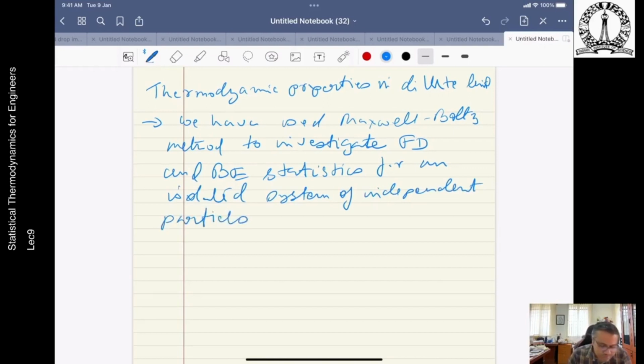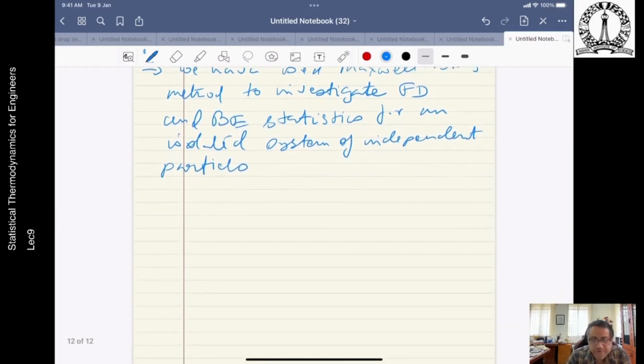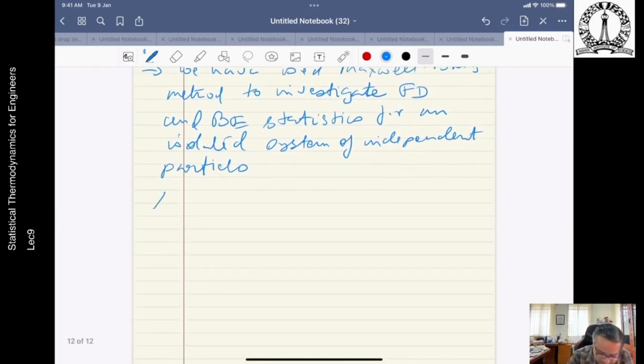And what we got from that is this first expression that we got. I write it closely.